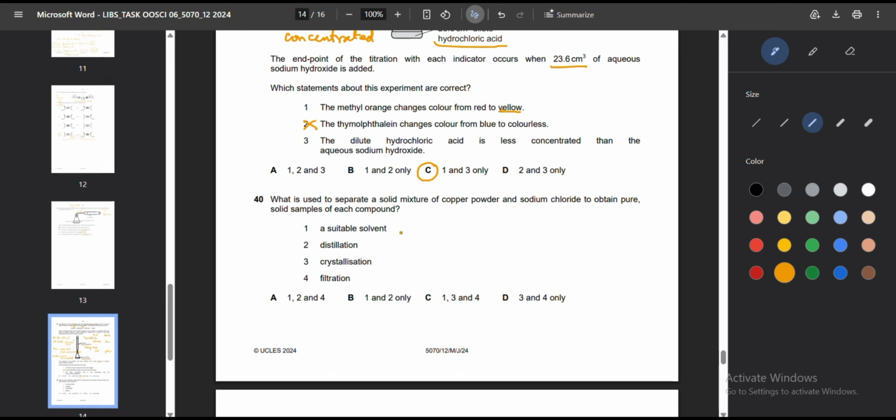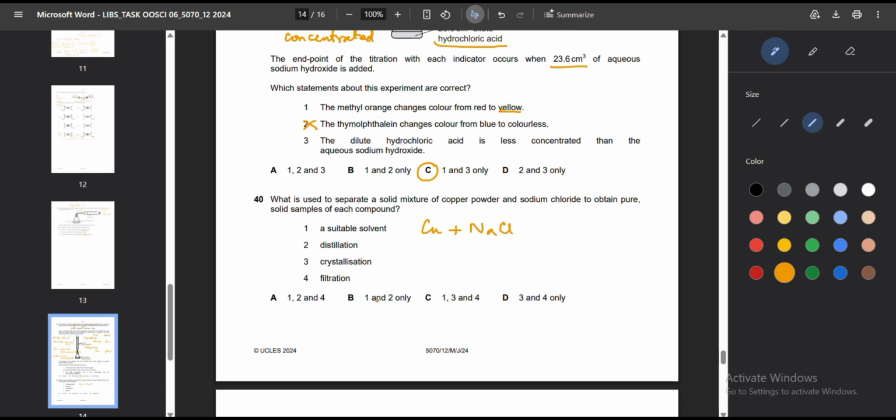So it's a solid mix of copper powder and NaCl. So what do you need to separate them? You need a suitable solvent, distillation, crystallization, filtration.